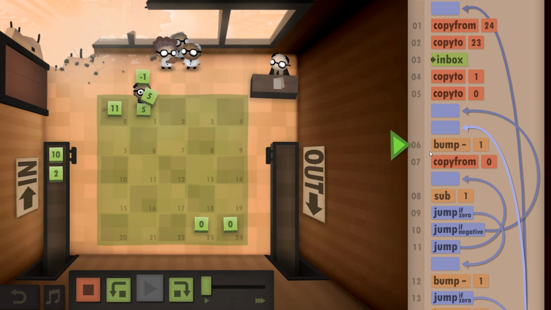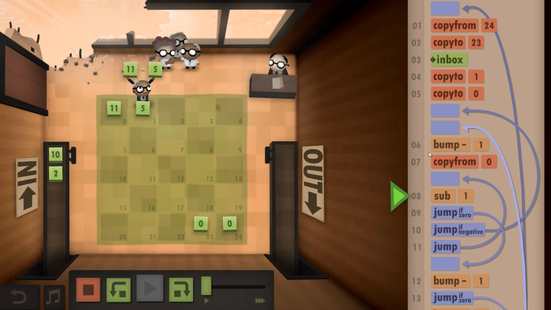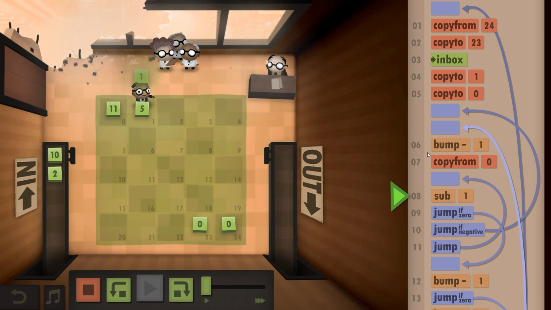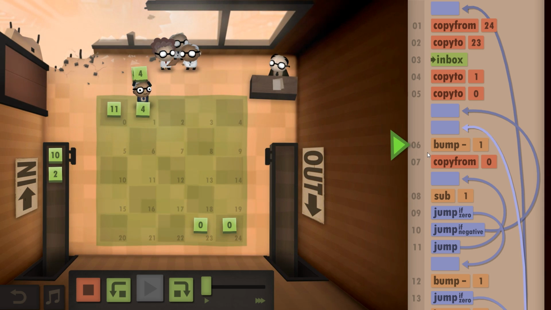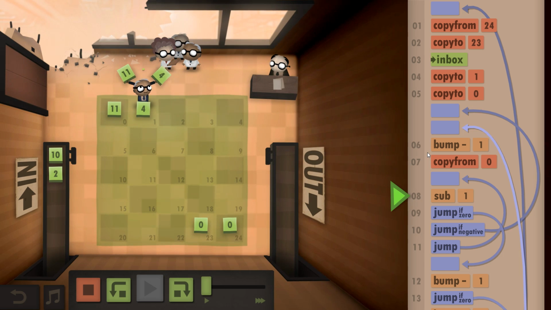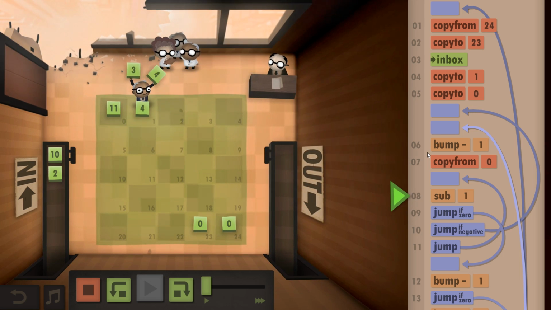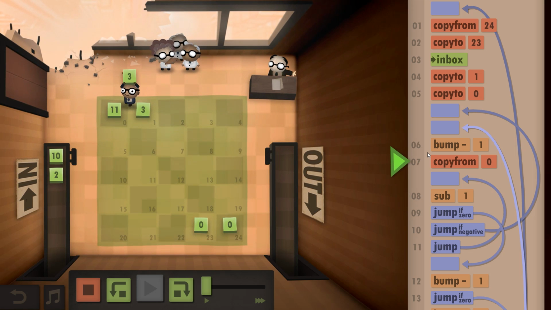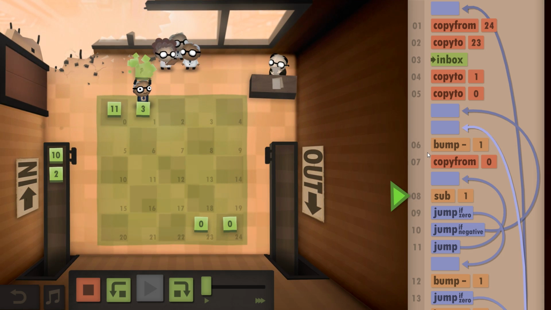This is so complicated. Why? So this is going all the way down to 1. And hopefully that outputs the right stuff. Who knows what's gonna happen.